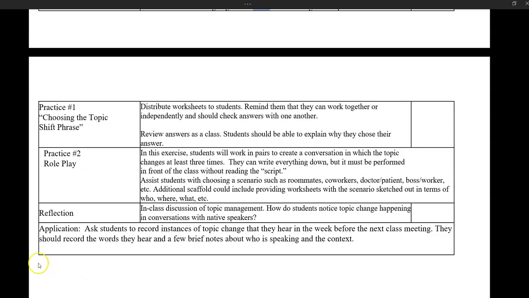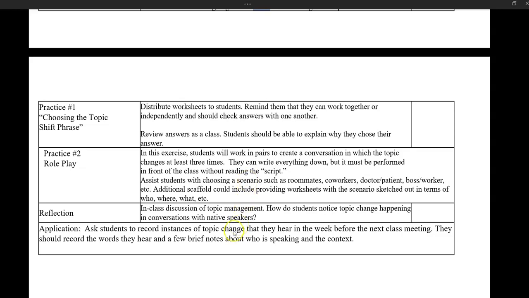And you'll see in the lesson plan that they can write things down. But when they perform that, they really should not be reading from a script. This really needs to be as much as they can thinking about what they're saying and really putting into practice those organizational pieces, in this case topic management.